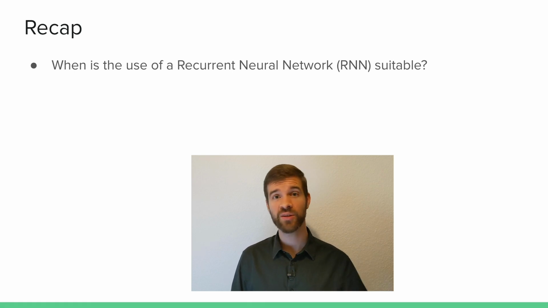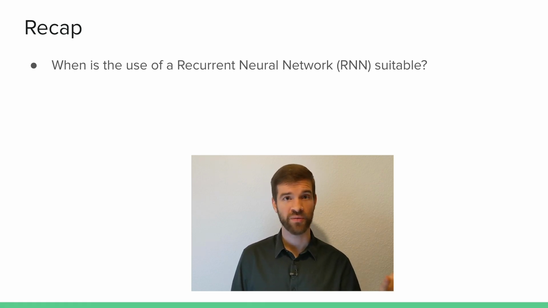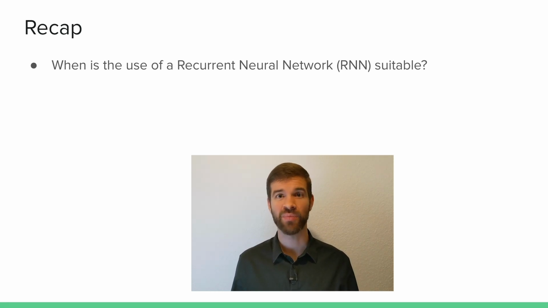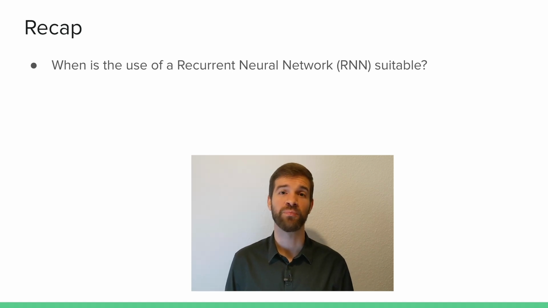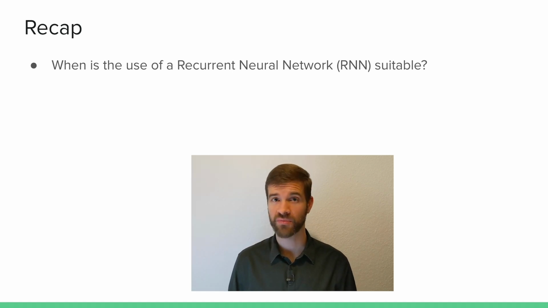So if we have a sequence of data where the previous information helps us to understand the current piece of information, it is helpful to have some sort of memory. And recurrent neural networks actually allow us to have something like a memory and therefore are beneficial for these kinds of problems. For example, speech recognition is one of these problems, or translating human language.